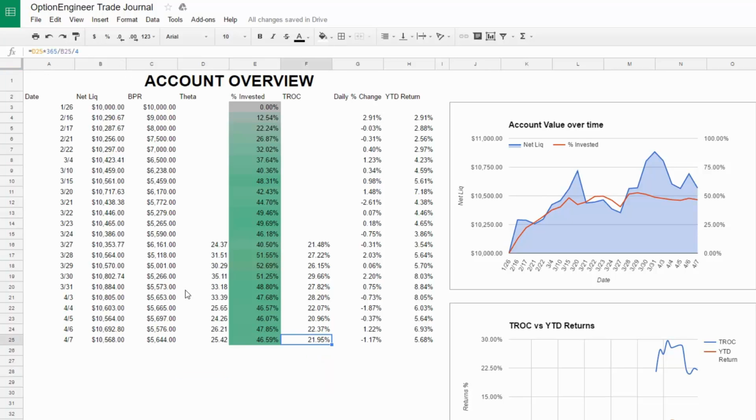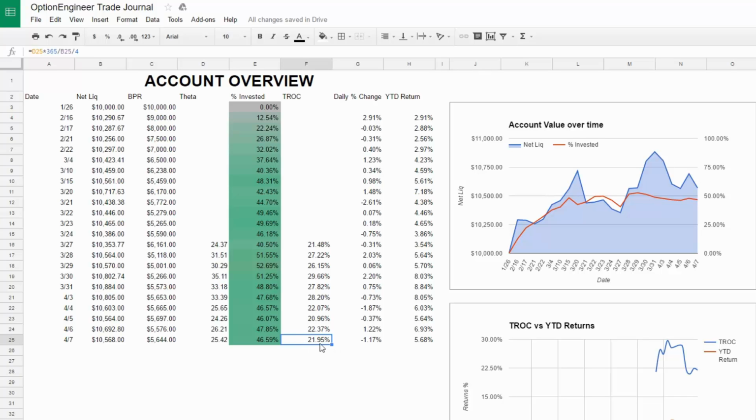It looks at the daily Theta value of your portfolio, multiplies it by 365 days in the year, and divides that by the net liquidation value, which gives you your expected portfolio return over the course of a year if you kept the same portfolio makeup the entire year. I divided by 4 because that was what they recommended as a conservative estimate of what you should be able to take home. So I'd like to target between 20 and 25% per year return, and this gives me a bar to shoot for.